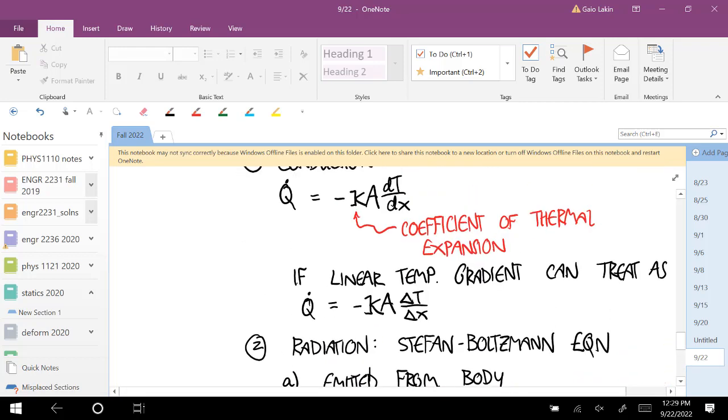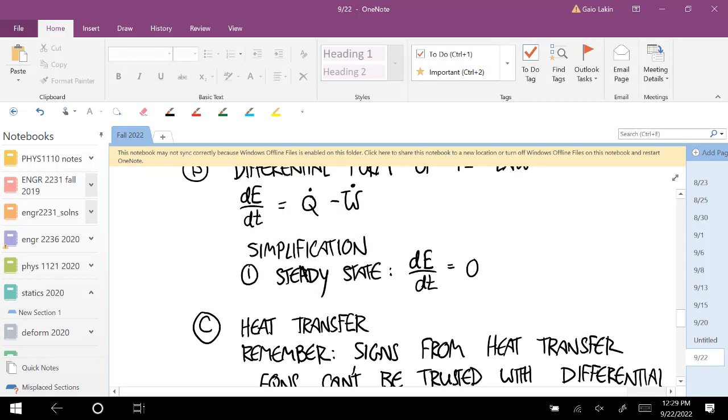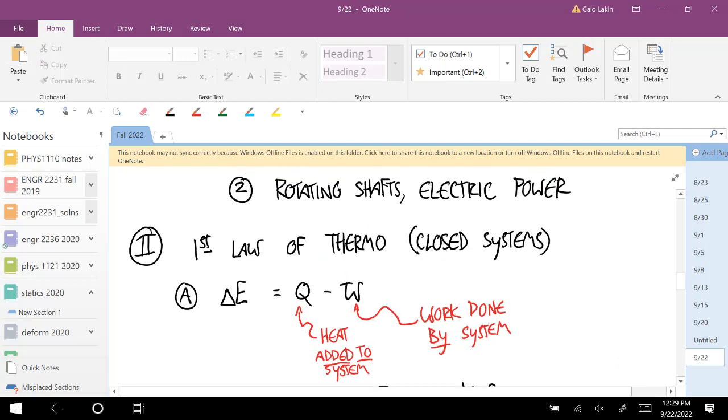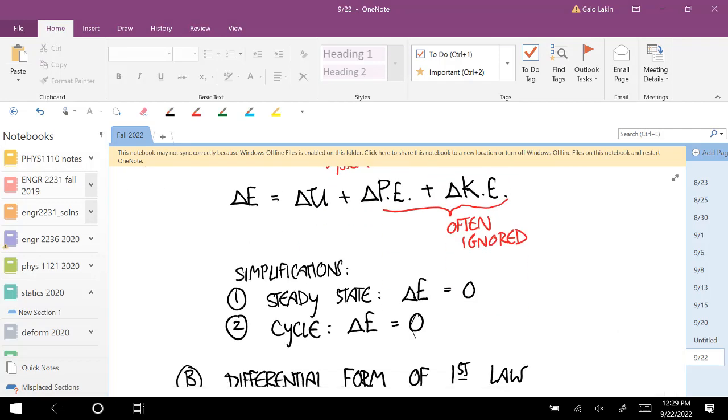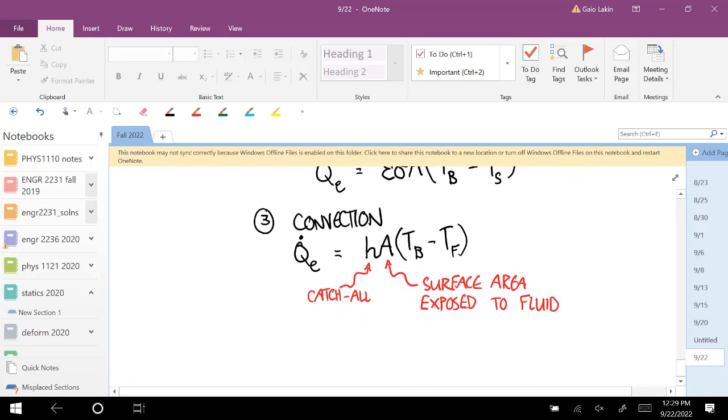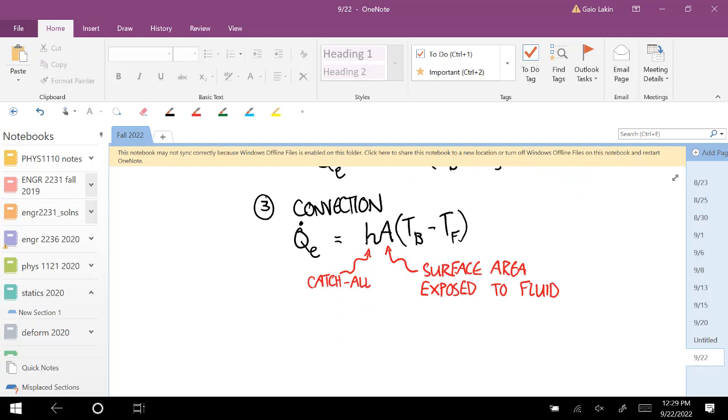Okay, so this is all for the first law. We have the regular first law, the differential first law, and the heat transfer equations. And next we got into material property relationships, so equations of state.